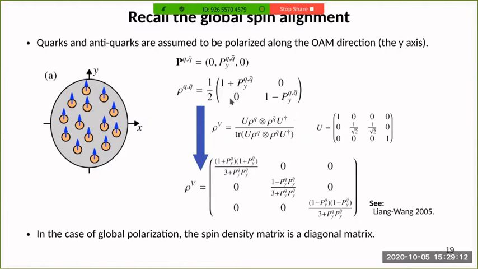Then to obtain the vector meson spin density matrix, people first take a direct product between rho_q and rho_qbar, and then translate the result to the spin-triplet state. Then one can obtain the spin density matrix for the vector meson given by this equation. In the case that P has only a Py component, the spin density matrix is a diagonal matrix.